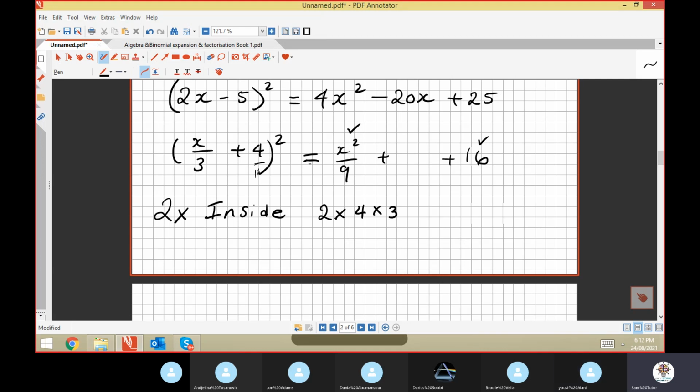See, the mistake you guys did here, Aya and Jono, you were just looking at numbers. You didn't care about where the numbers are located. That 4 is in the numerator, whereas that 3 is not in the numerator. Where is that 3? It's in the denominator. So what number is this, Aya?